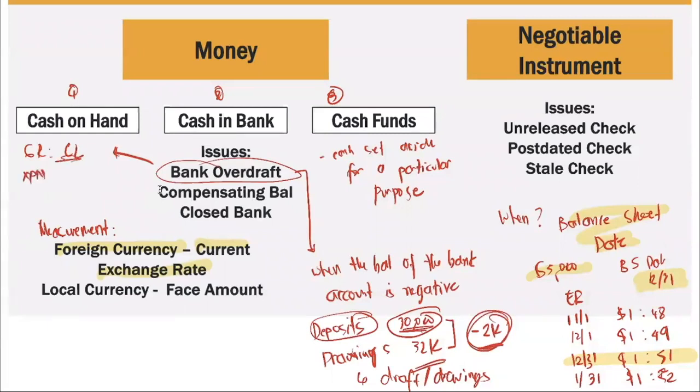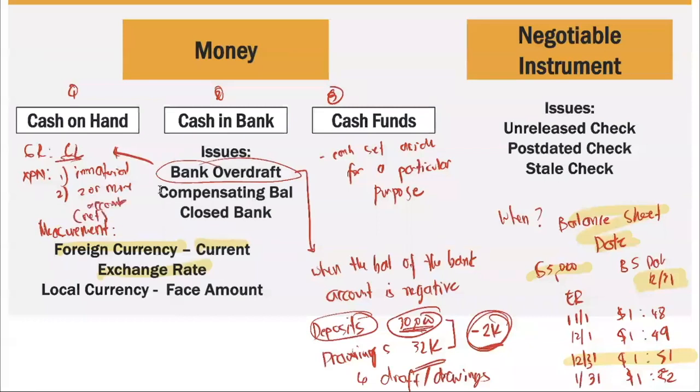So what is the exception to that rule? If that particular bank overdraft is considered immaterial, or when you maintain two or more accounts on that bank, okay, so if it's immaterial or two or more accounts, you net it.